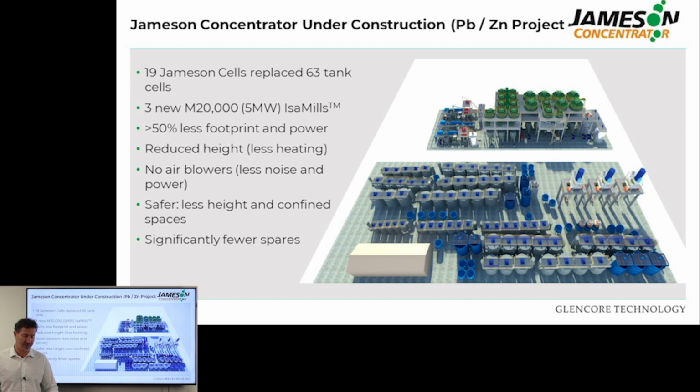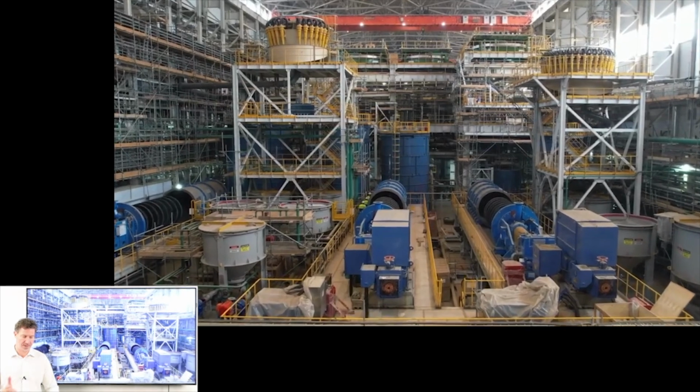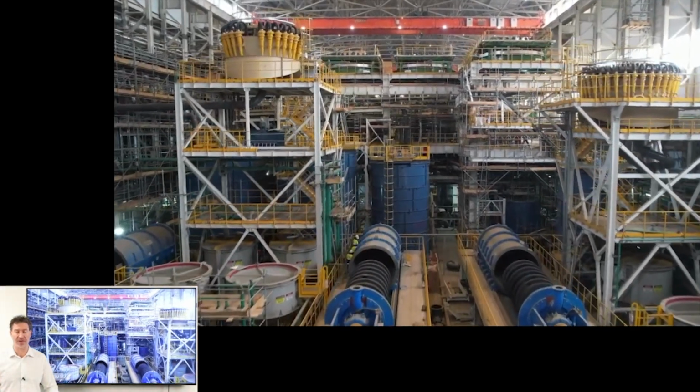Again, there was a reduced height and no air blowers. It's also a safer design because of the lower heights, no confined spaces are required, and there are significantly fewer spares.